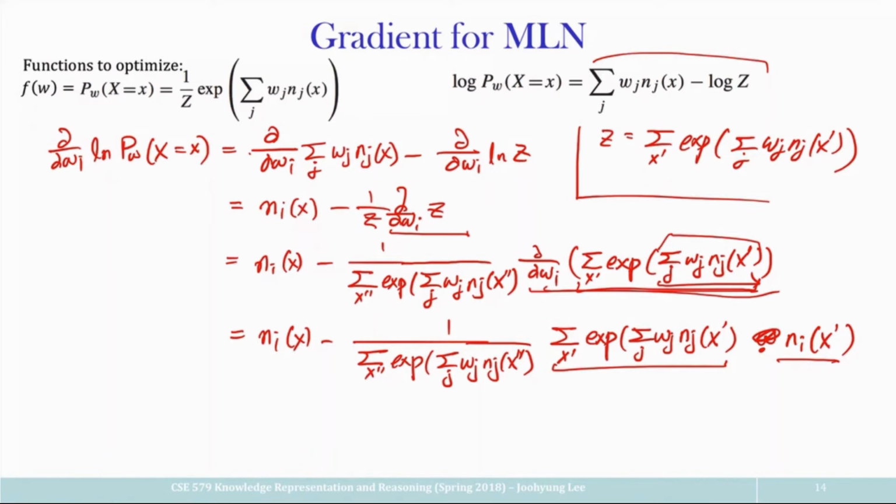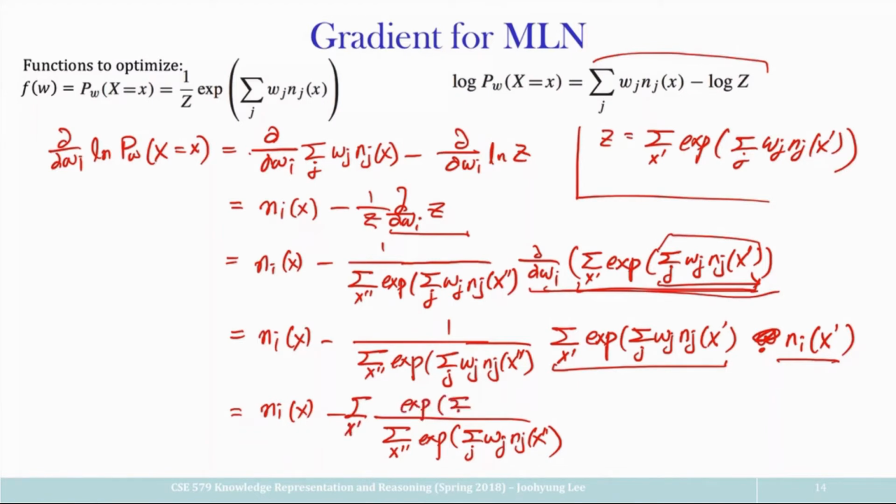And then what we write here is ni(x) minus. I'm going to slightly rewrite the numerator, because now the Z part in the denominator is actually a constant. So we can have the sum over x prime here, and then write the numerator here, multiplied by ni(x prime).